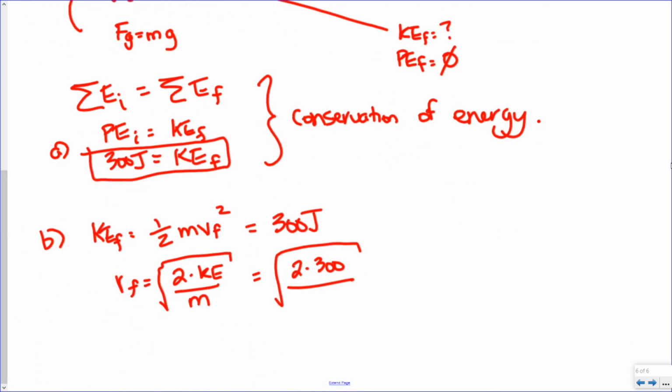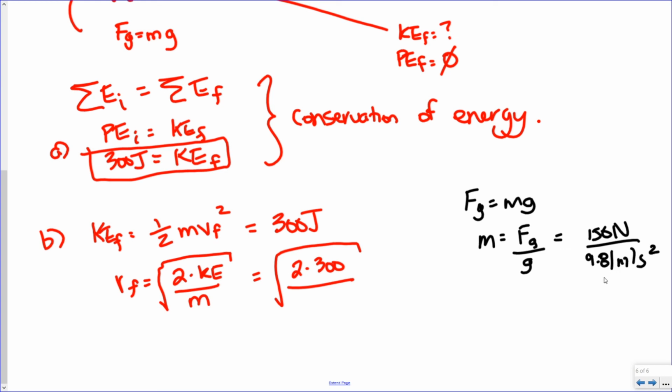So we can do that from this question. Fg equals m times g. M would be Fg divided by g. So Fg was 150 newtons divided by 9.81 meters per second squared. That gives me 15.3 kilograms.